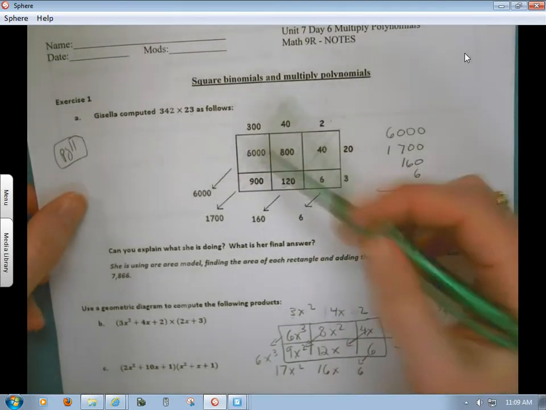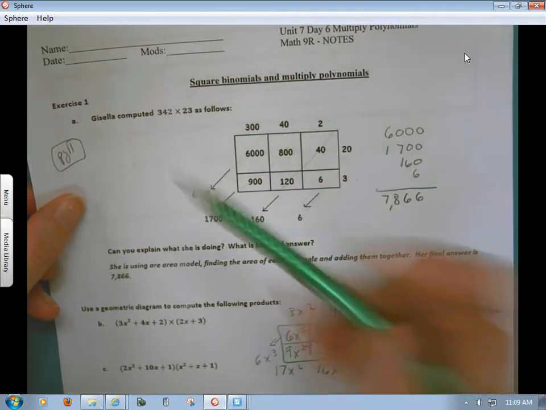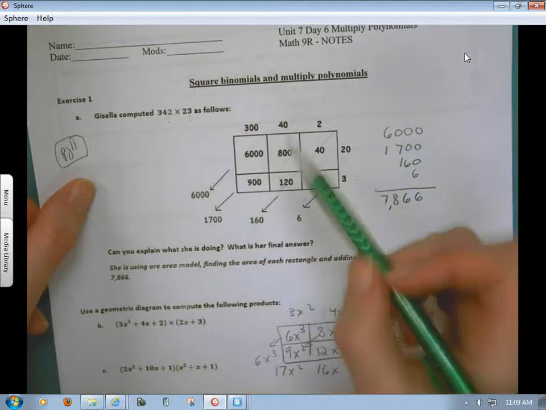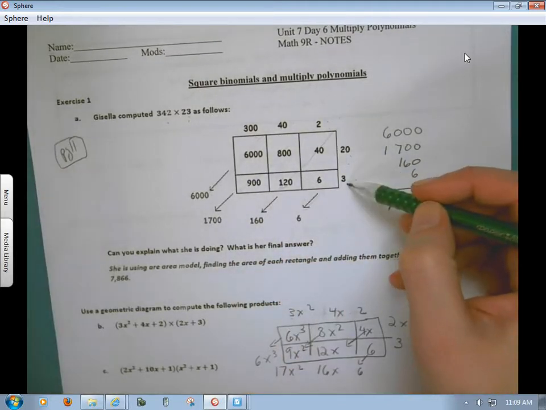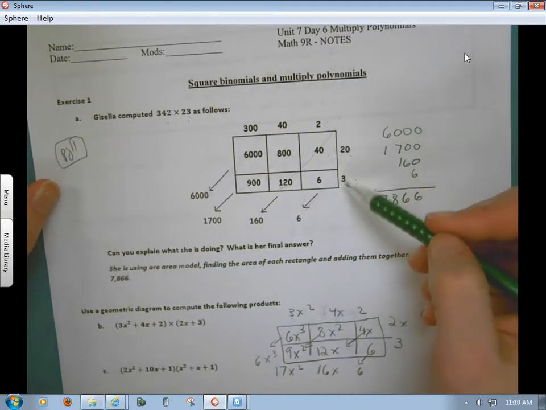So what they've done here is they're showing you a geometric model for multiplication. If you're going to take 342 and multiply by 23, you can break it up, hundreds, tens, ones, kind of like the old school lattice multiplication. Then you multiply 20 times 2, 3 times 2, 20 times 40, 3 times 40, and so on.